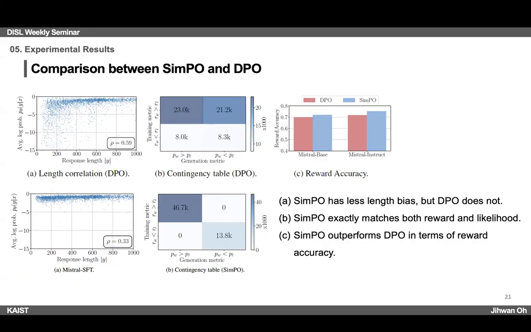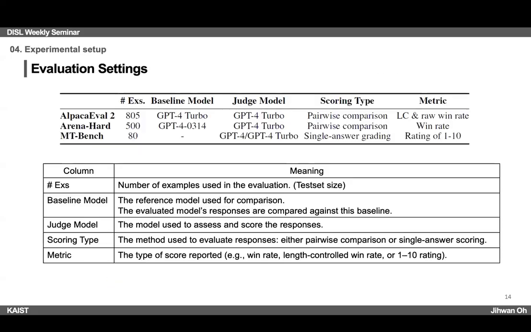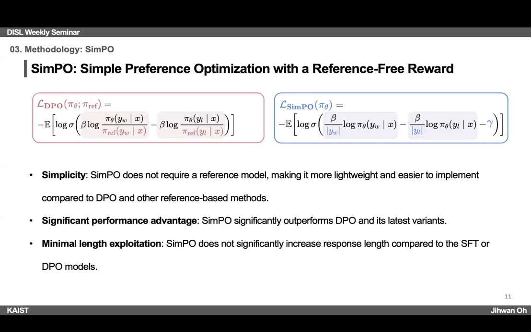The exact reward functions of DPO and SimPO are here. The implicit reward function of DPO includes the reference model, and SimPO's reward function does not include the reference model.